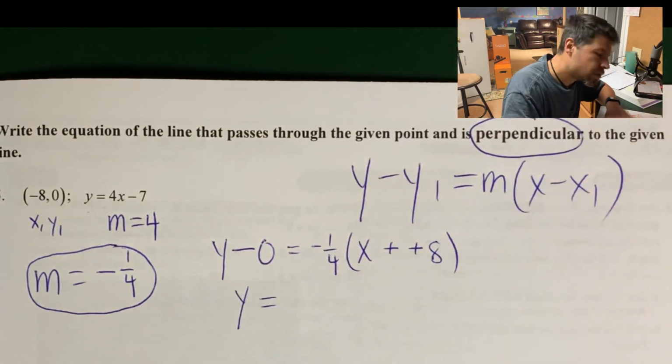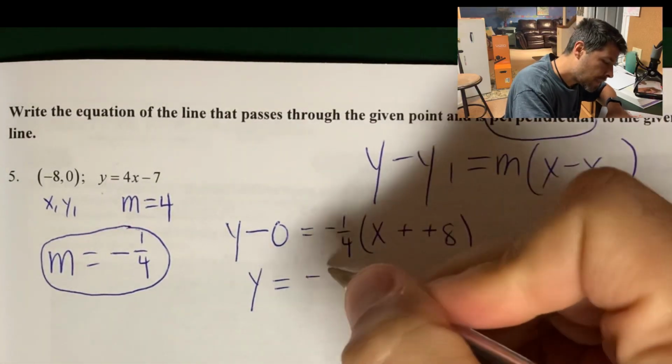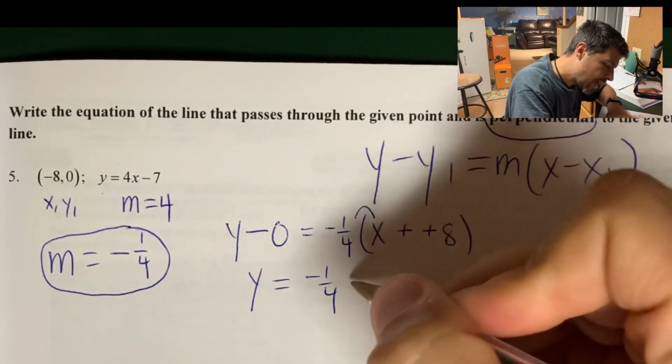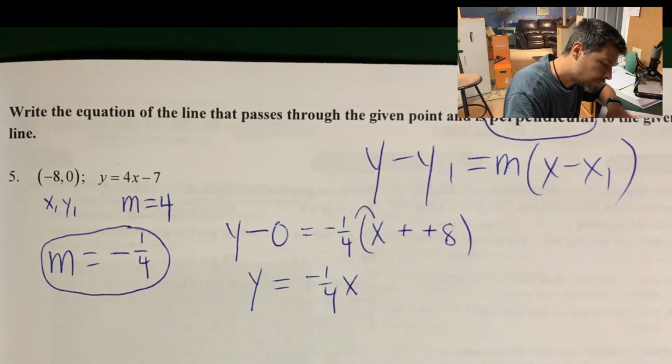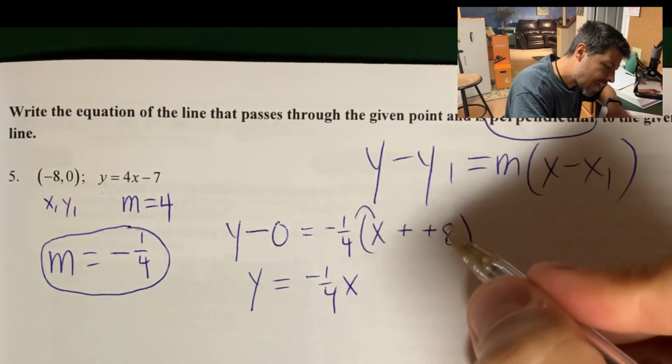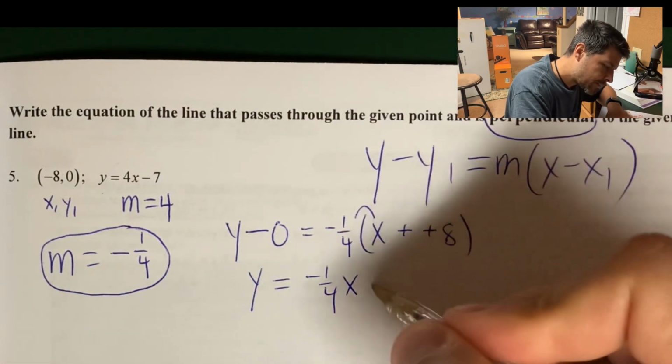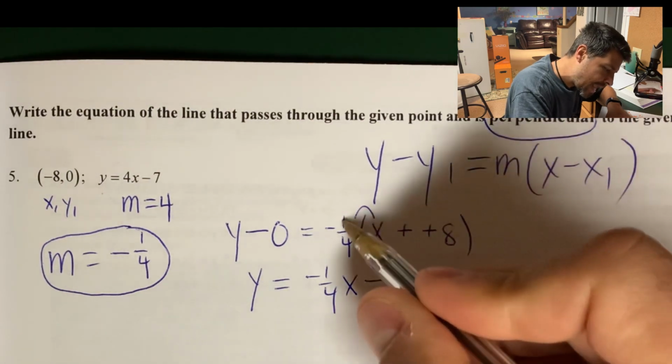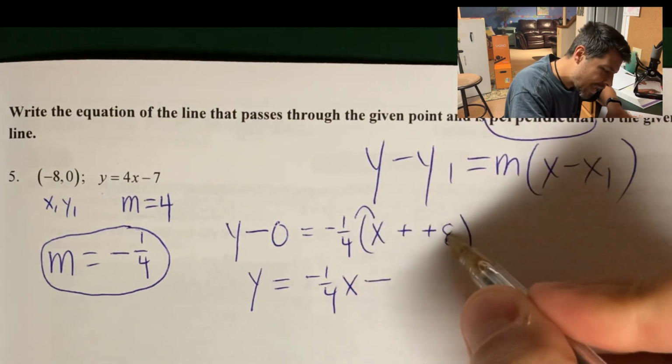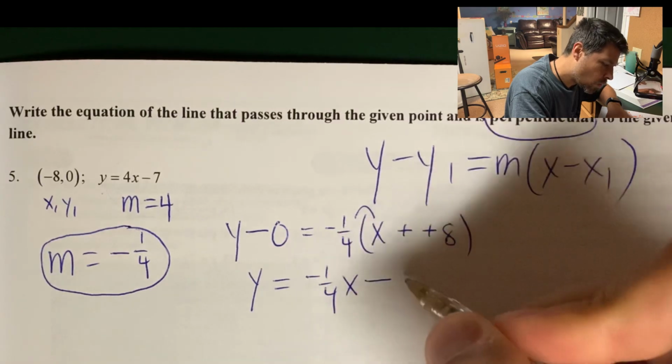Y minus 0 is just y, so we can bring that down. Negative 1/4 times x is negative 1/4 x. And negative 1/4 times 8, well, negative times a positive is a negative, and 1 times 8 is 8, divided by 4 is 2.